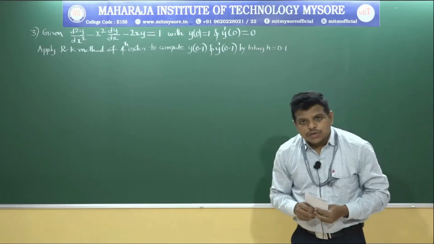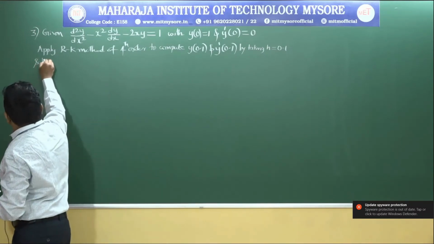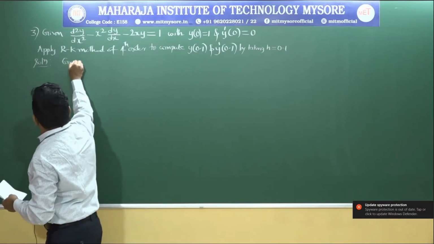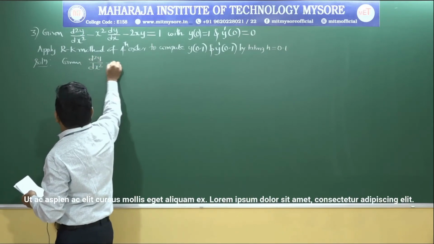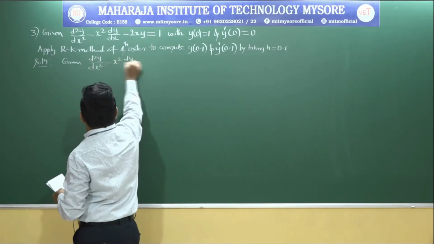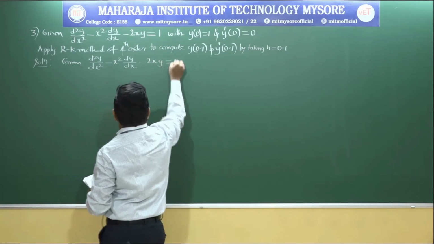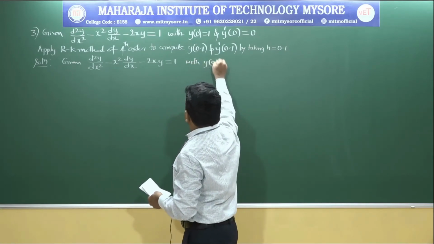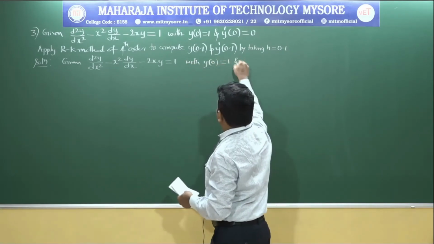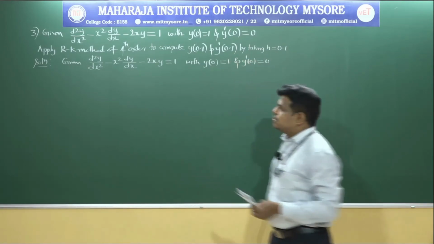Okay, next, solution of this problem. Given d square y by dx square minus x square into dy by dx minus 2xy equals 1 with the initial condition y of 0 equals 1 and y dash of 0 equals 0.